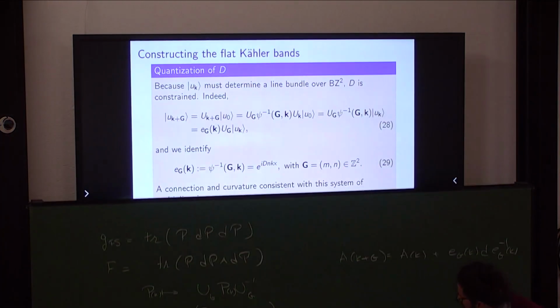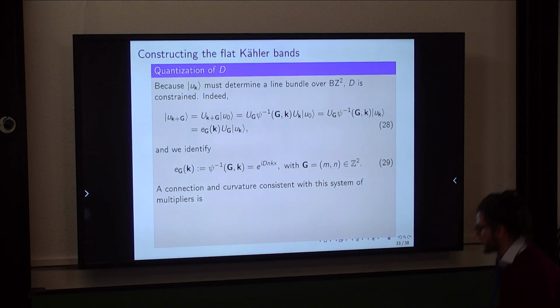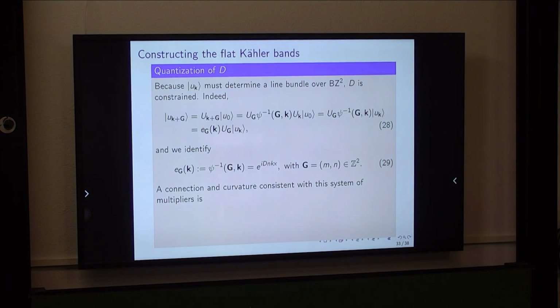You find a compatible connection and you take the exterior derivative, and what you find is that D has to be minus 2 pi times the Chern number. Okay? So this is a very nice result.